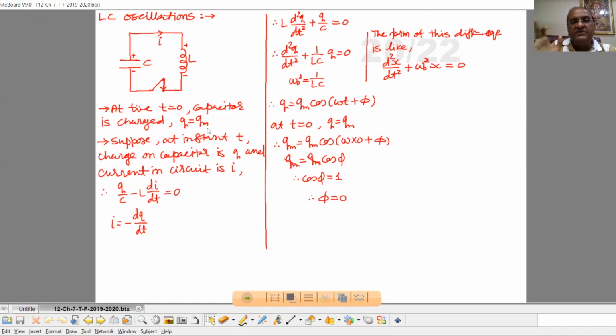As soon as we switch on the circuit, charge will flow in the circuit, the capacitor starts discharging, and current will be constituted in the circuit.